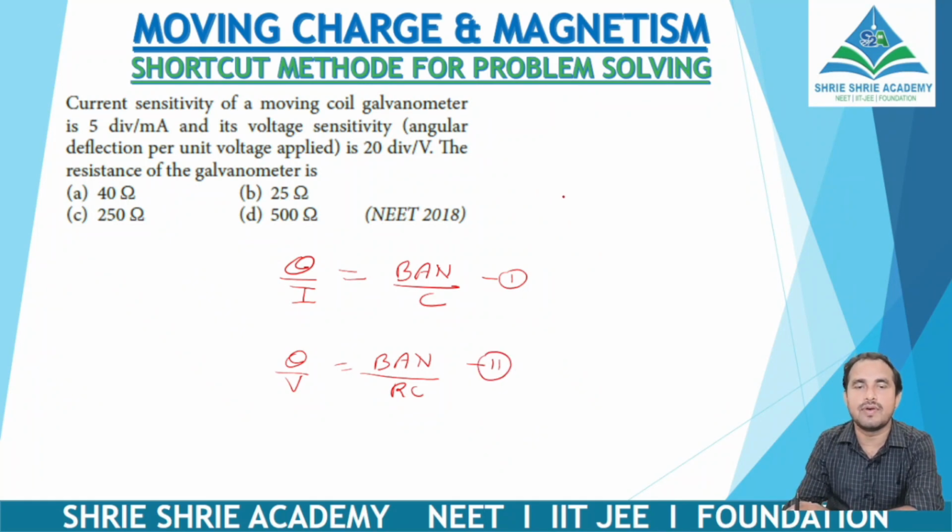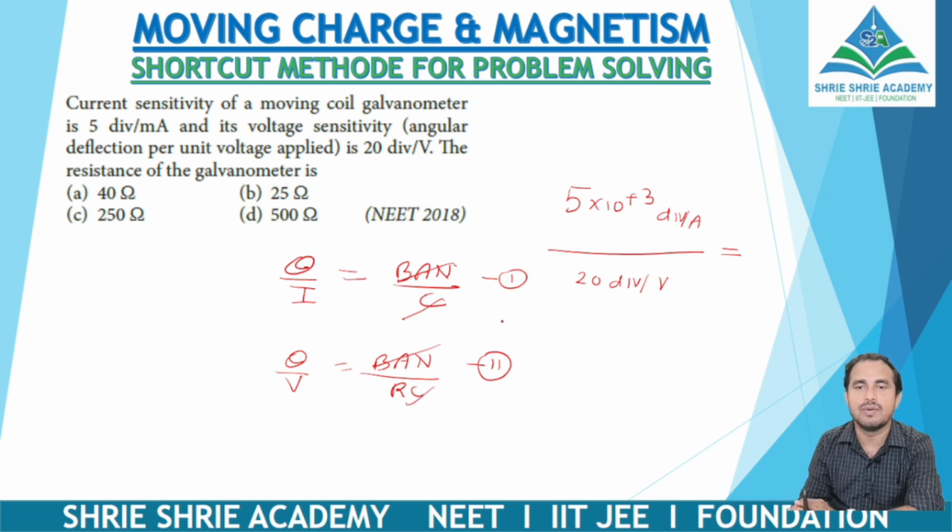Current sensitivity is given as 5 division per milliampere, so that milliampere you need to change: 5 divided by 10 to the power minus 3 in the denominator becomes, in the numerator, 5 into 10 to the power 3 division per ampere. Here 20 division per volt, right? And if you divide the two, NBA and C get cancelled.